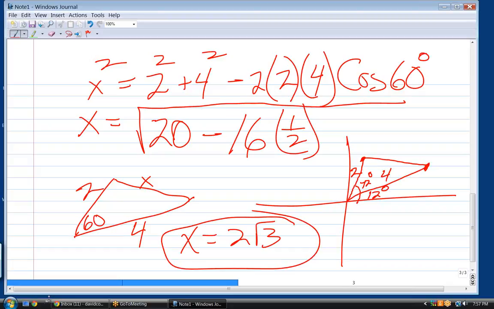That's the distance between the two planes. Yes, it would be miles, because the planes are going 4 miles and 2 miles. So that's going to be in miles.